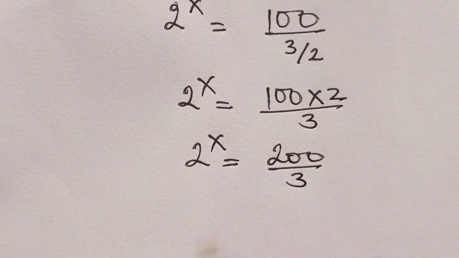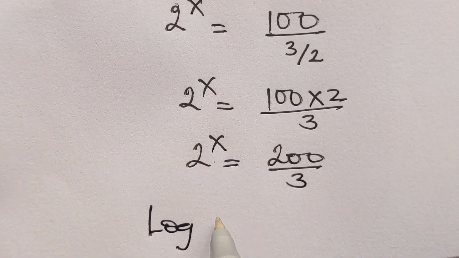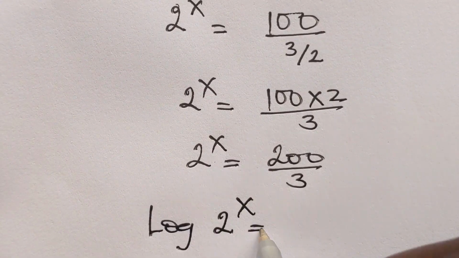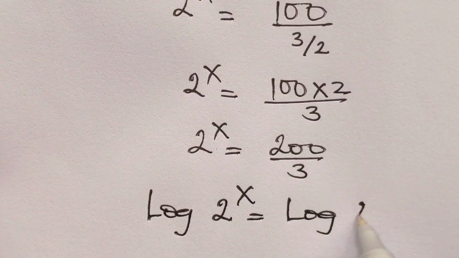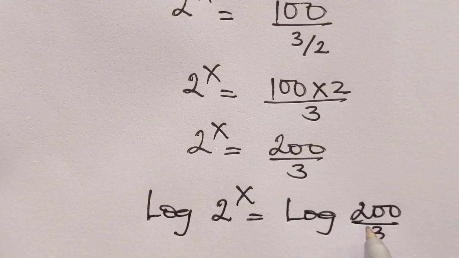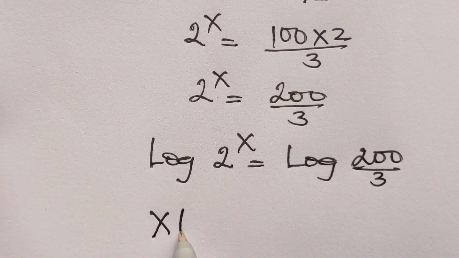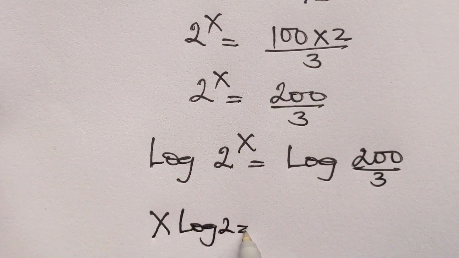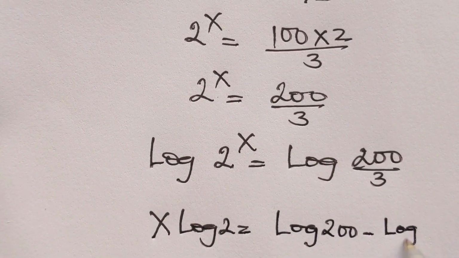At this stage we are going to apply logarithm on both sides. Logarithm of 2^x equals logarithm of 200 over 3. And here again we have x times logarithm of 2, which equals logarithm of 200 minus logarithm of 3.